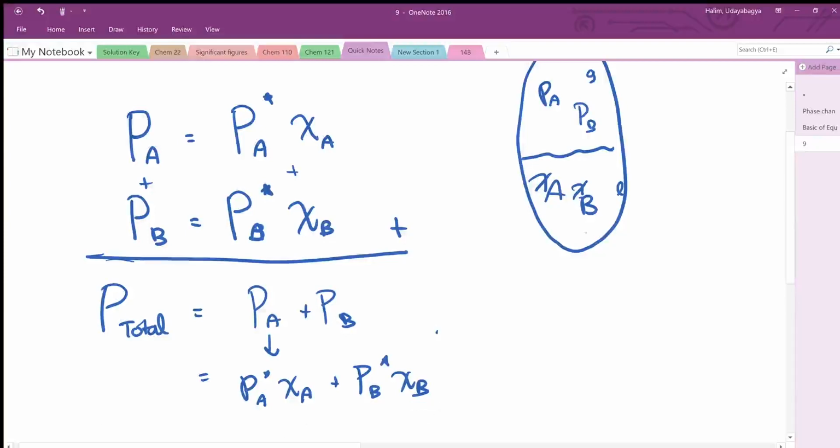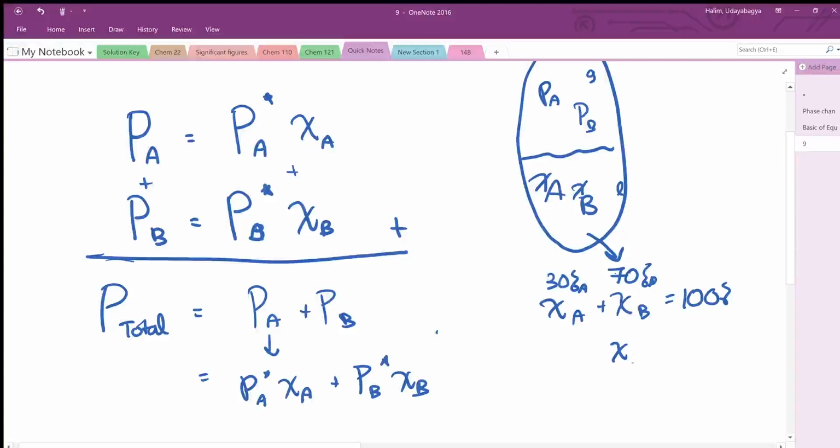If my solution only contains molecules of A and B, then I know for sure that the mole fraction of A plus the mole fraction of B must be equal to 100%. That is, if my solution contains 30% A, then in order to get to 100%, it must also contain 70% B. So essentially, if you have one piece of information, you should be able to get the other as well.